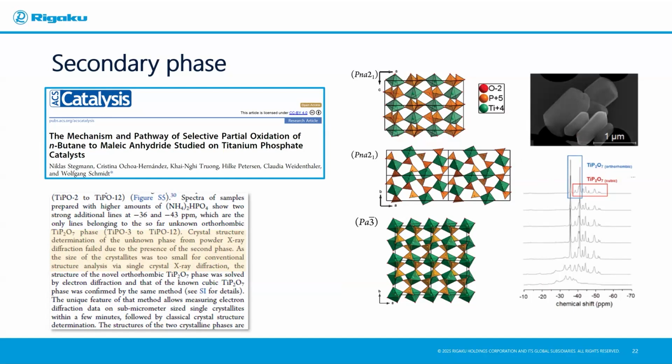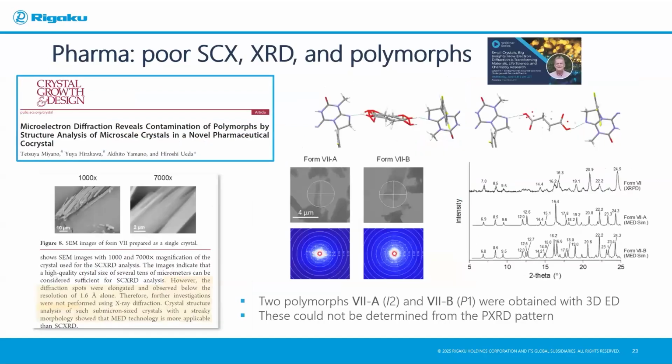And of course, you can do pretty much the same or similar applications in the pharma field. You see that here. This is actually the structure of a common drug, and there are several known forms, and there's this form 7, and this could never be solved with single crystal X-ray.